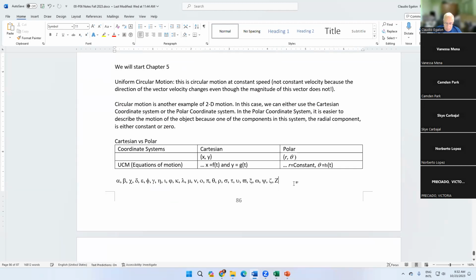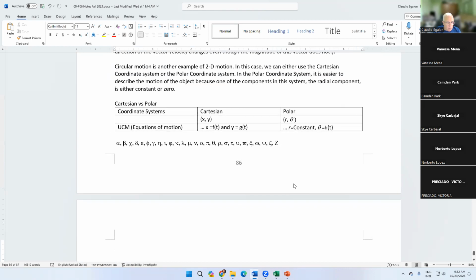Okay, so let's go. Coordinate systems to know: the Cartesian coordinate system and the polar coordinate system.